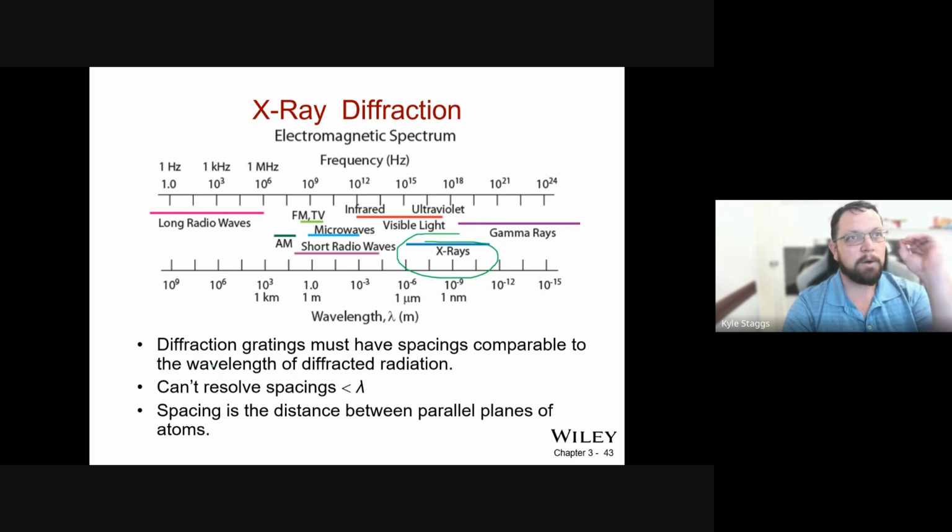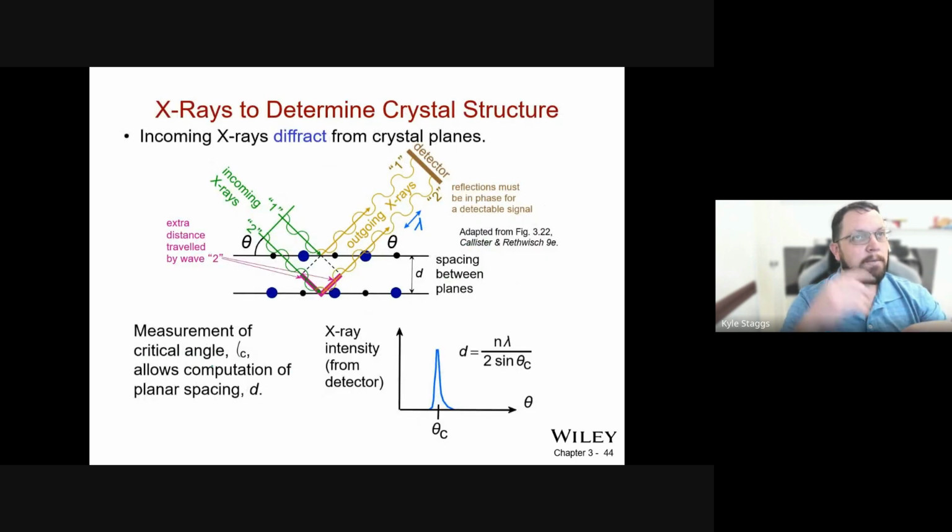So these wavelengths are going to be bouncing through the material. You can't resolve spacings that are less than fundamentally the actual wavelength that you're using, and the spacing is going to be the distance between the parallel planes of the atoms, and that's the information that you're going to get back. So it looks something like this.